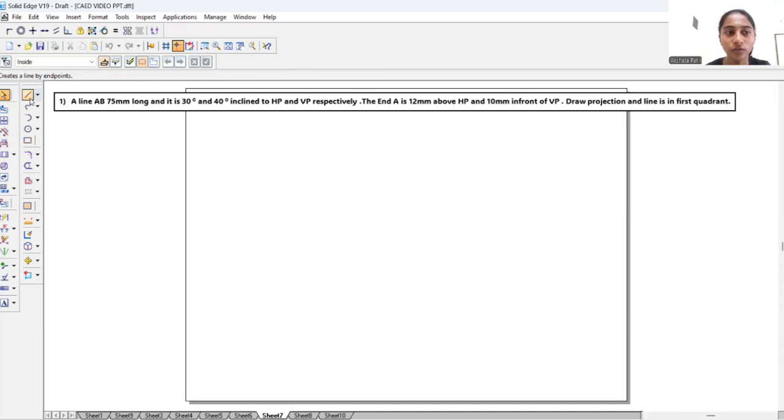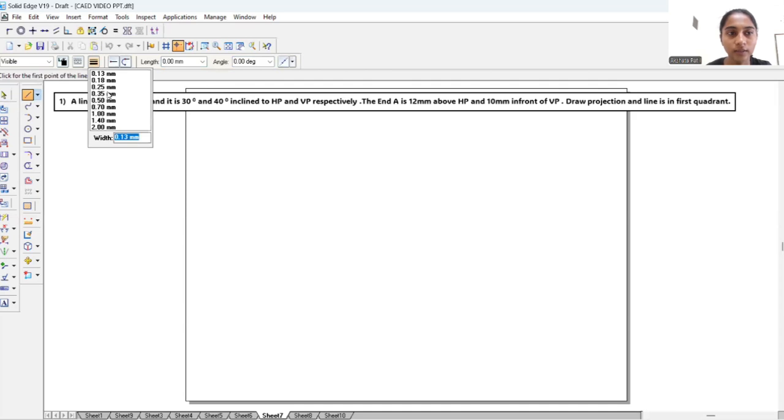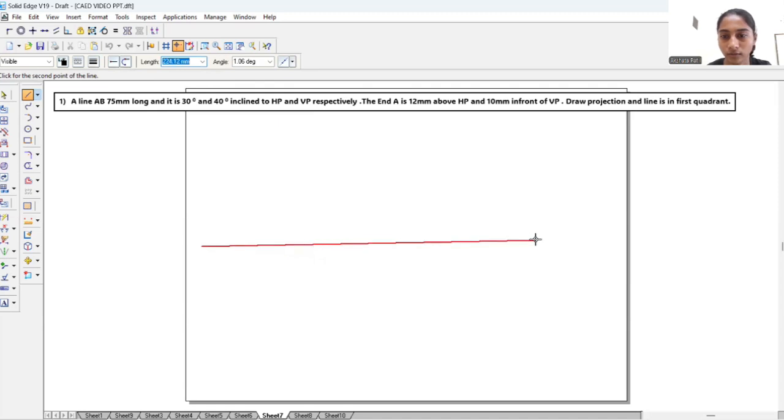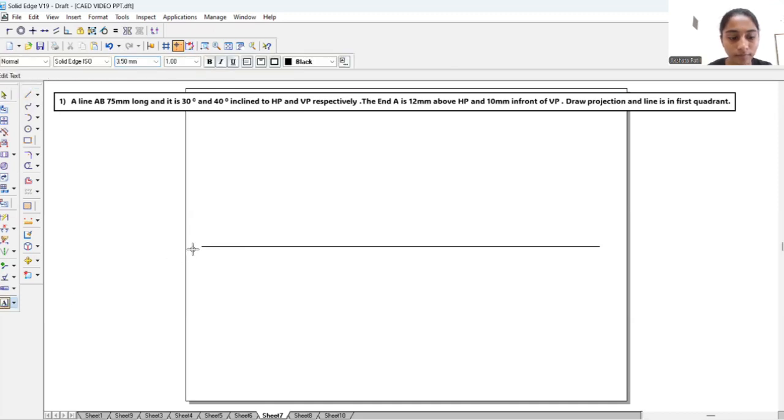So first we will choose the line option with thickness 0.35 mm to draw the XY line. We will draw the XY line and name it X and Y. We know that above the XY line there will be VP and below the XY line there will be HP.